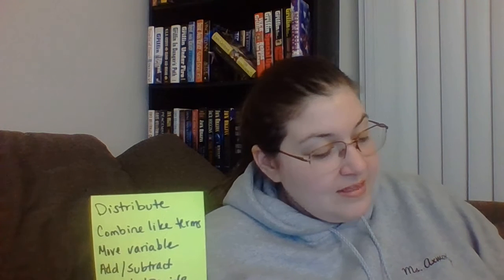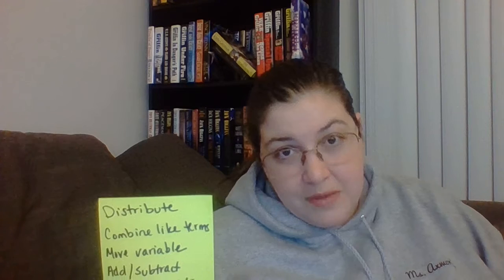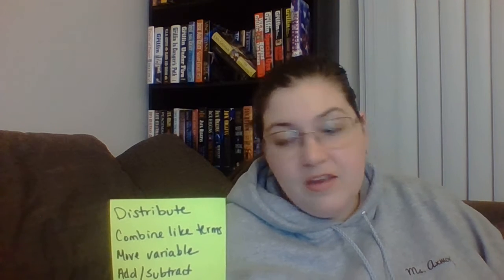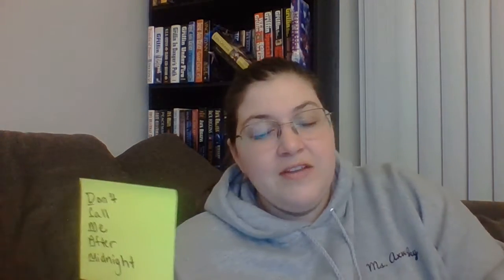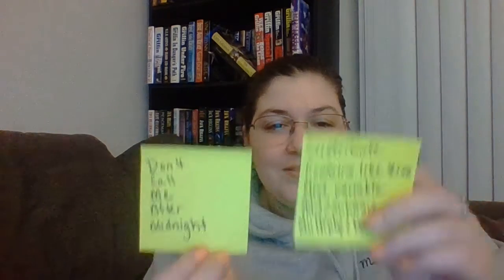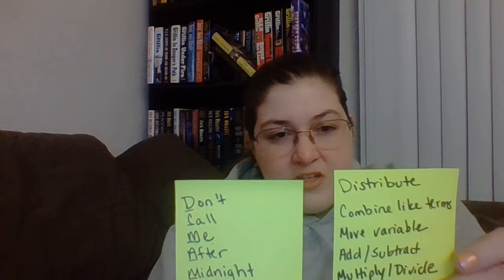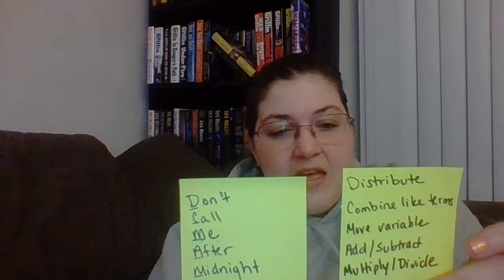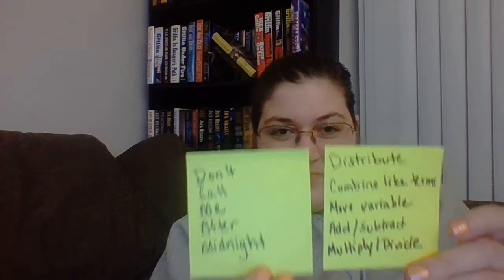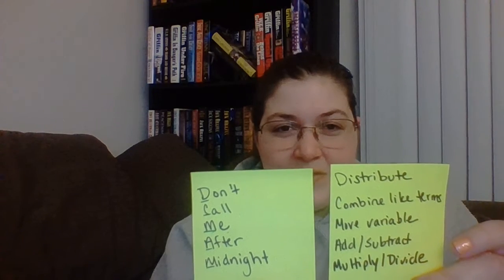You should add and then subtract together, remember, left to right. And then you multiply and divide, again together, left to right. I have a fun little way to remember this: Don't call me after midnight. Distribute, combine like terms, move variable, add, subtract, left to right, and multiply, divide, left to right. So we're going to be following these steps.